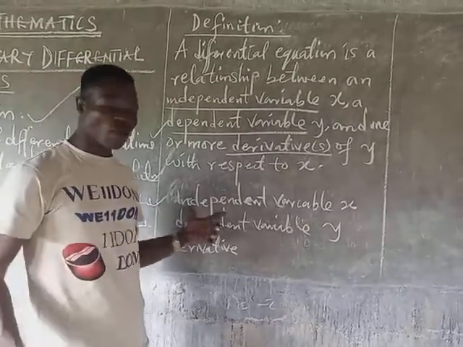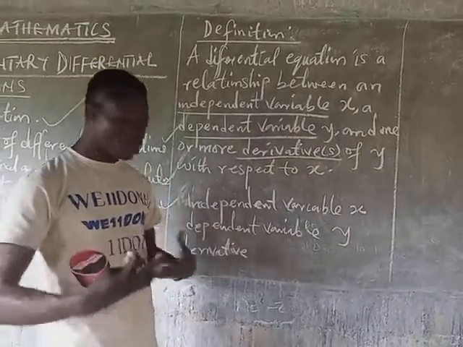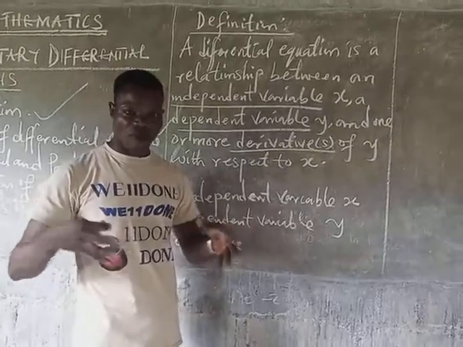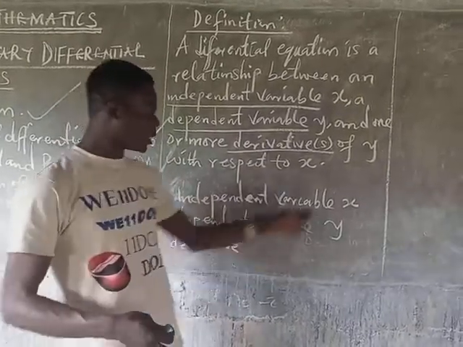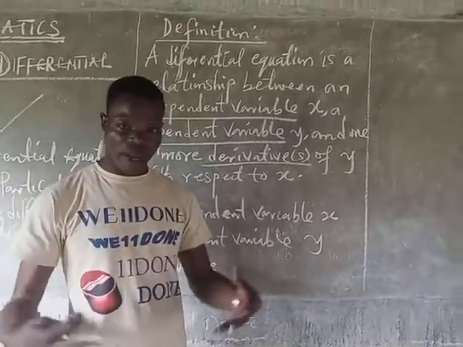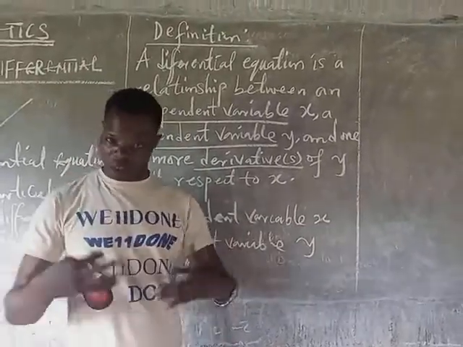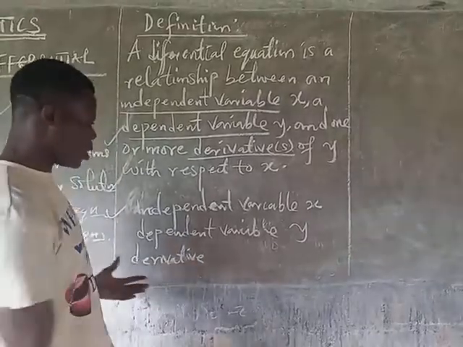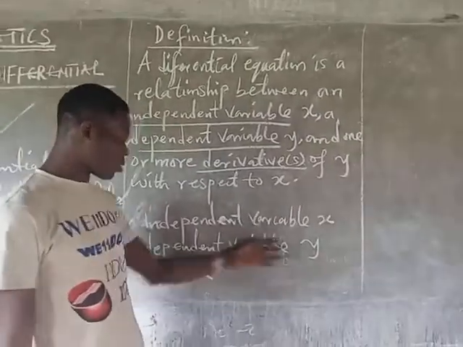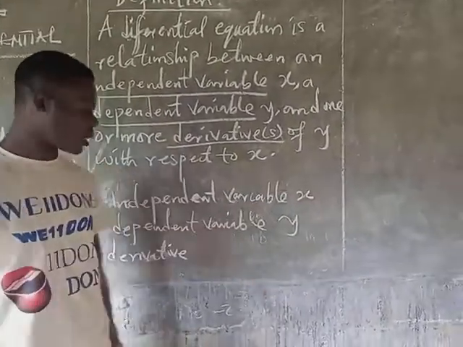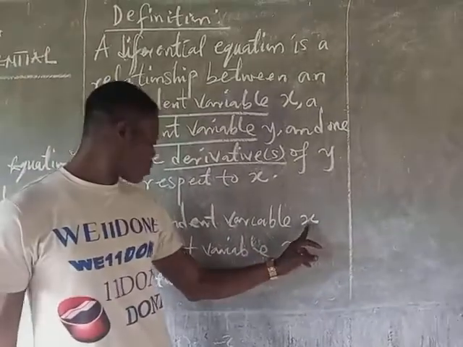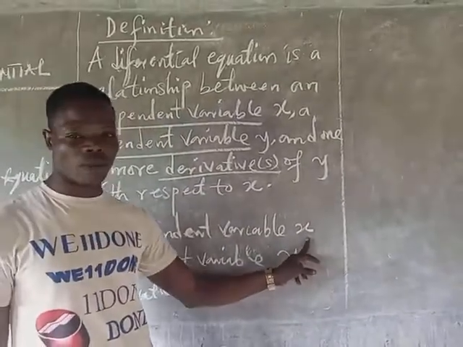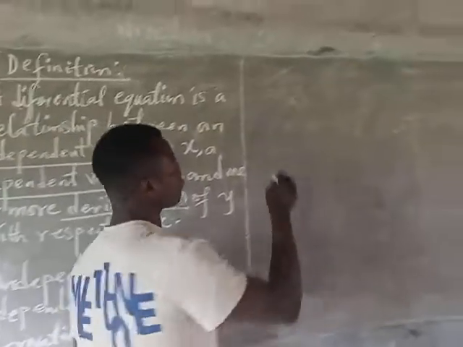When we say relationship, we know that is a kind of equation that connects these. Just like variation is what is referred to as relationship. They are related with one another based on their parameters. So we make mention of this independent variable. Just consider this, for example.